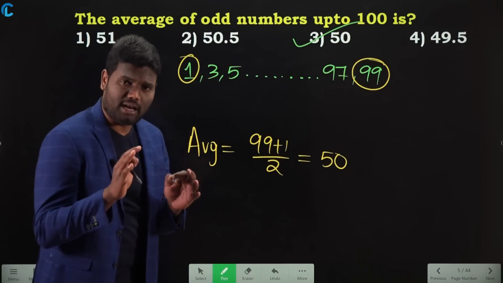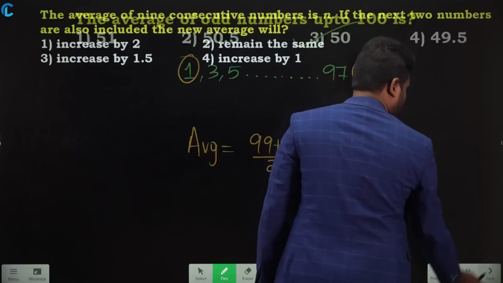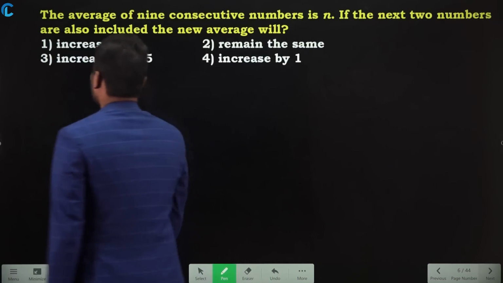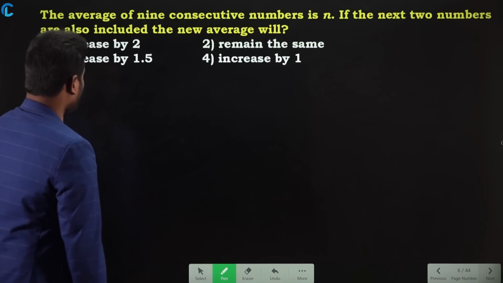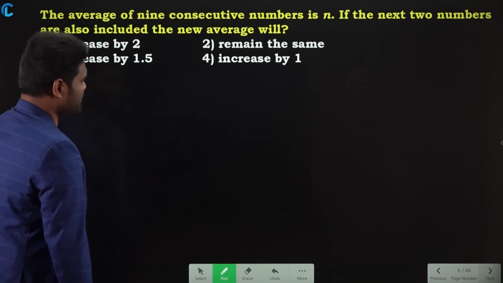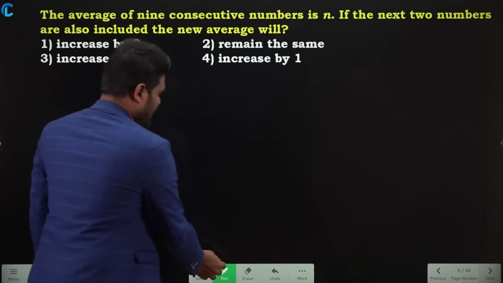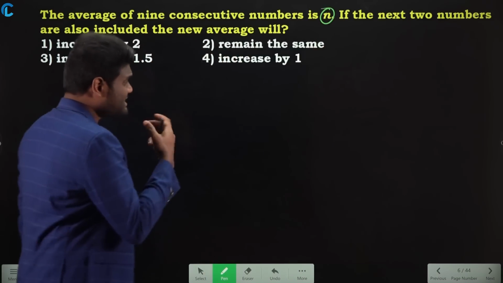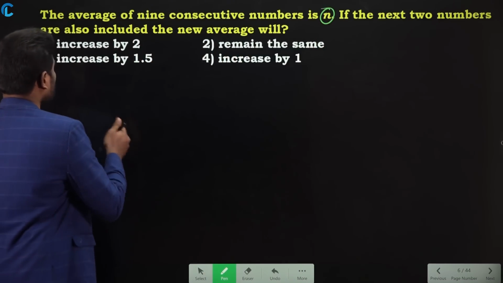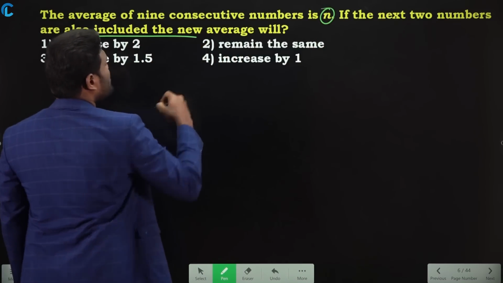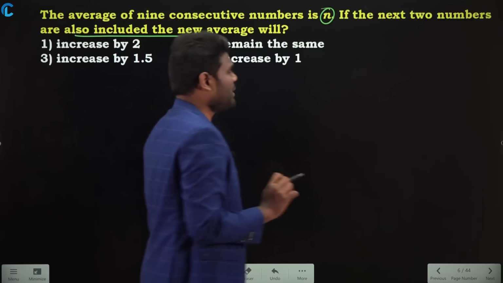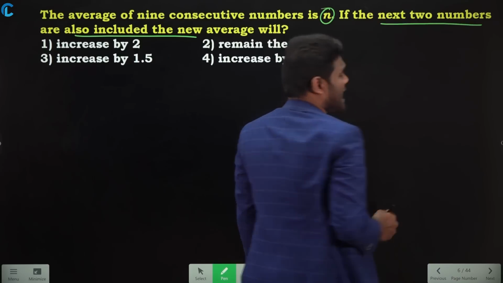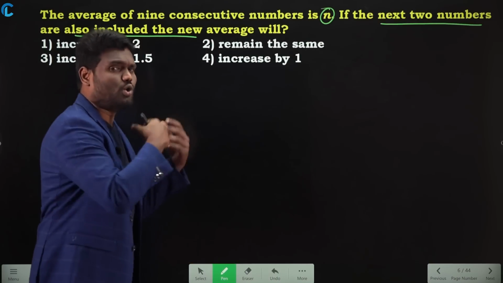Very, very simple and basic questions. Let us look at the next one. The next question is: the average of 9 consecutive numbers is n. If the next 2 numbers are also included, the new average will be? Now this is a very good question. Observe here carefully. To solve it, you do not need to do a lot of calculation.